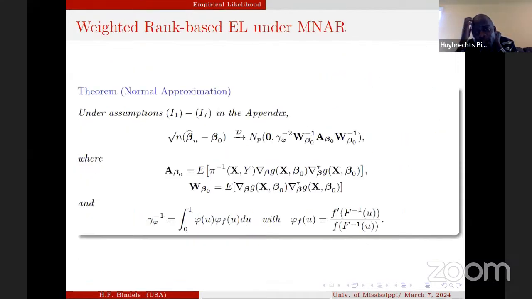As you can see here, this beta hat is our estimator, we have the distribution here, and this is the variance of our estimator, which depends on beta 0 itself. So if we want to perform hypothesis testing about this beta 0, we need to estimate this, and the estimation of this is not straightforward.